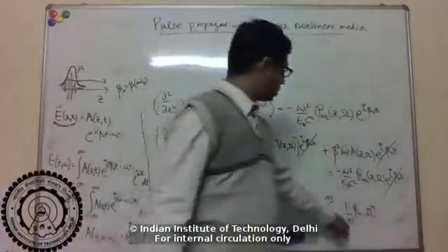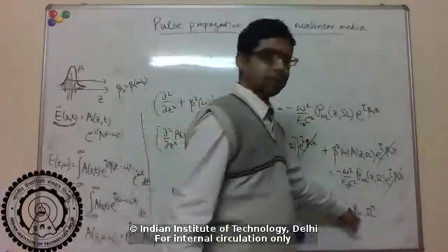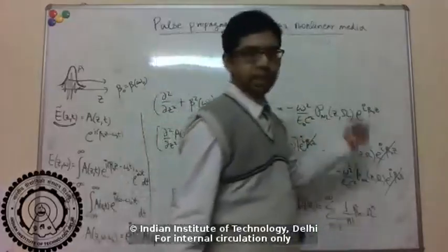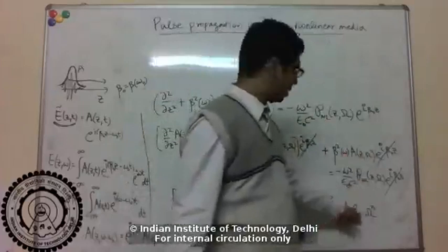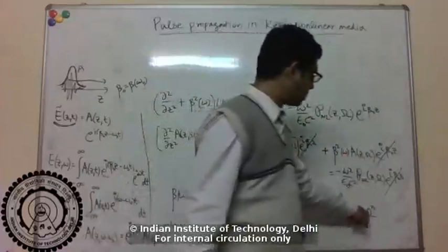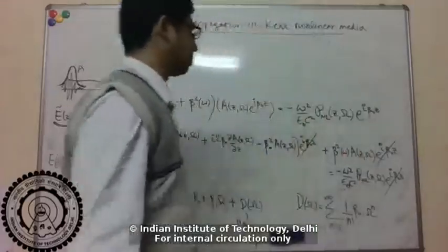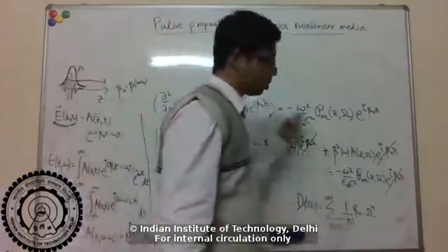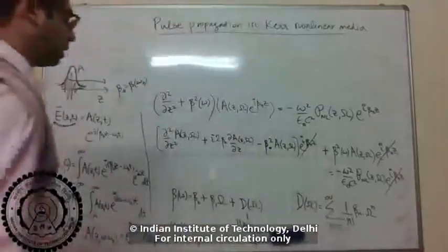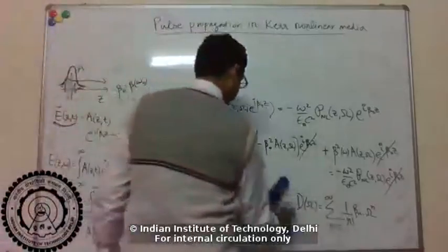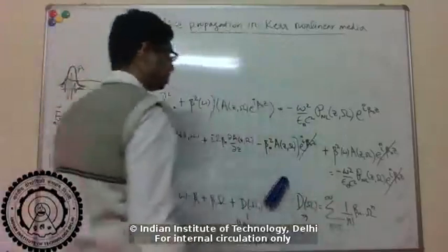Right. So the nth term is the nth order dispersion beta n, which is the nth derivative of beta with respect to omega, divided by n factorial and times this detuning omega to the nth power. Right, starting from n equal to 2, so that's the dispersion operator.